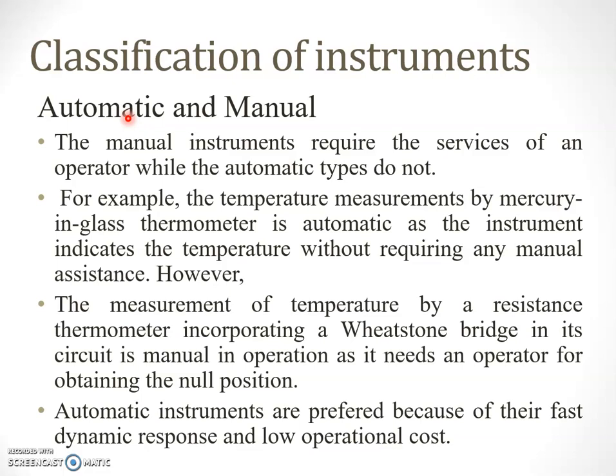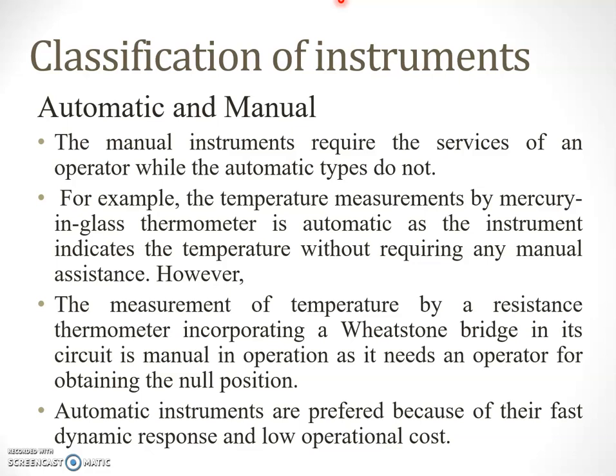But in the case of an automatic instrument, there is no need of an operator or an adjustment for the measurement of a physical quantity. For example, temperature measurement by a mercury thermometer is automatic because the instrument measures the temperature without any manual assistance or adjustment. So this type of thermometer belongs to the automatic type.